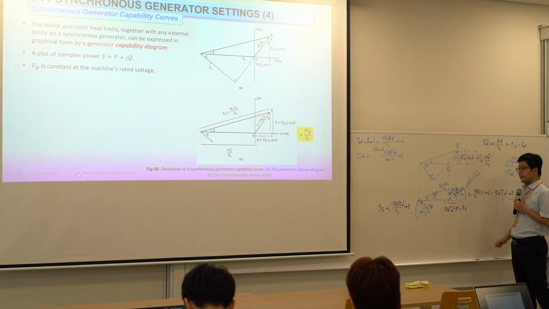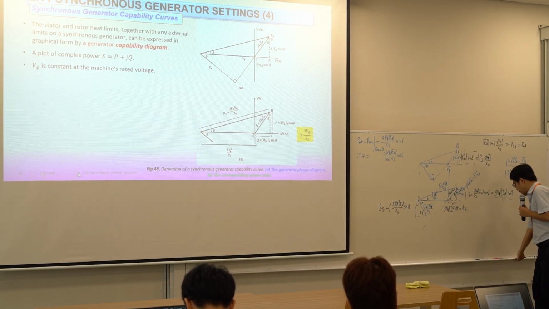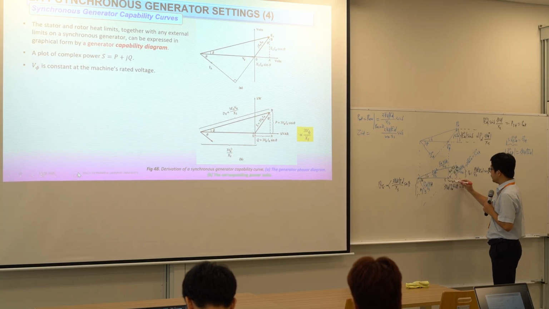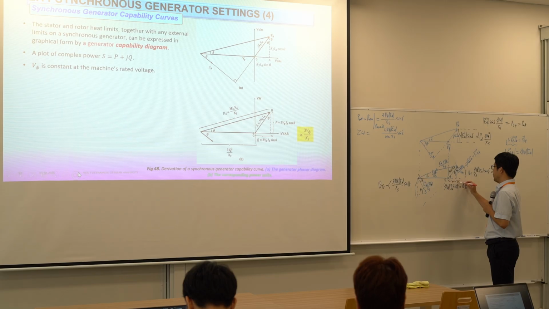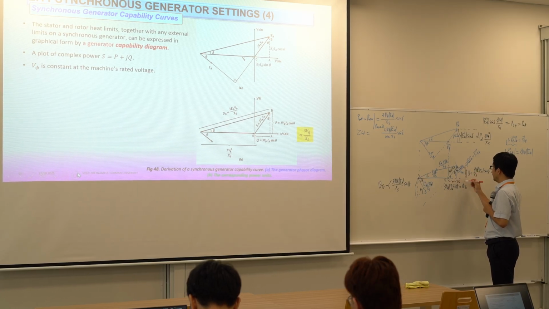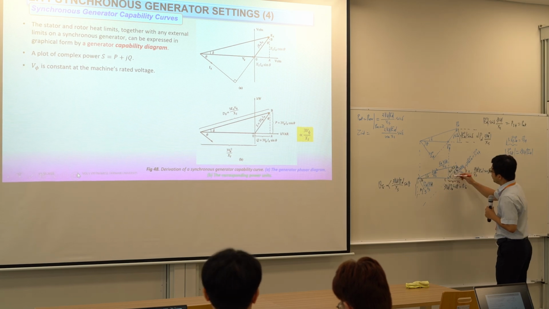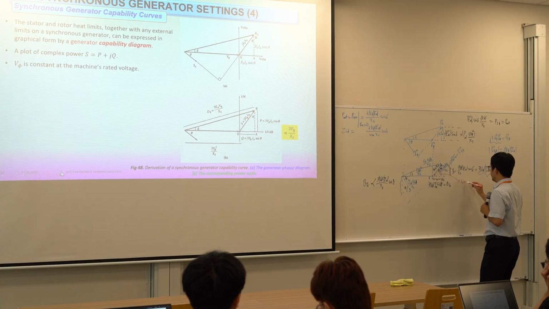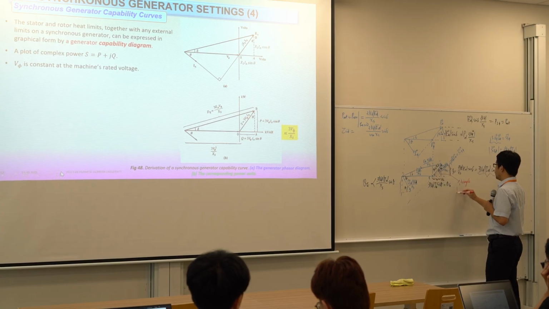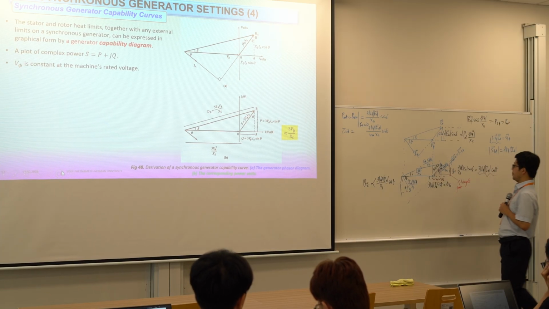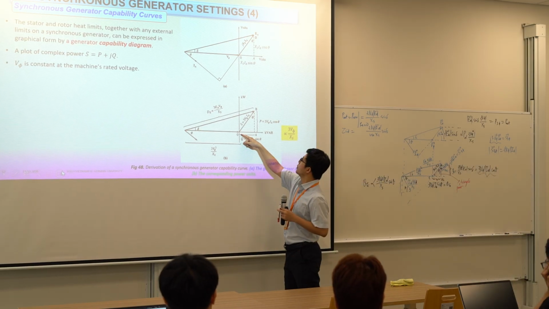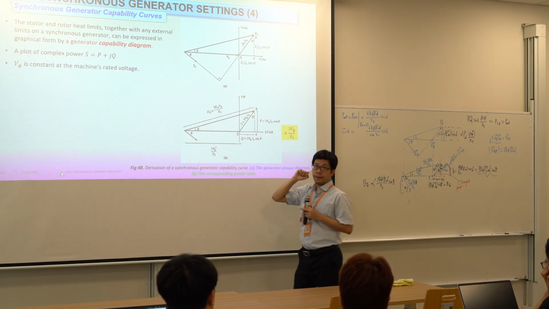So now we can see that this is Q, and this one is P. So this becomes a triangle, the power triangle, right?